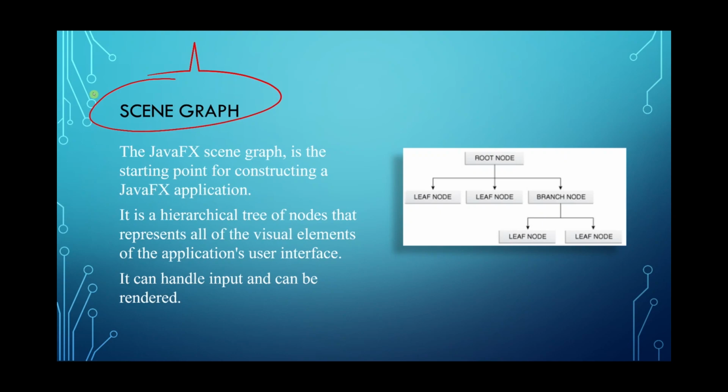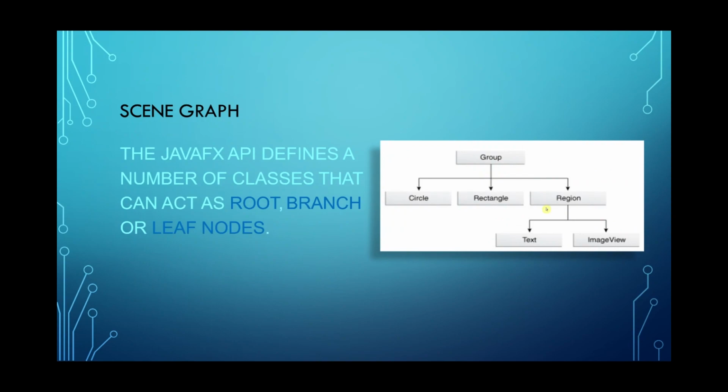So you can have a root node, a branch node, and a leaf node. So the JavaFX API defines a number of classes that can act as root, branch, or even leaf nodes.